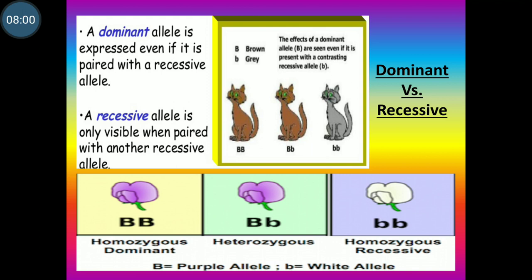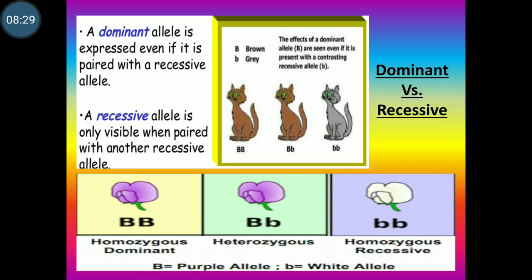Dominant versus recessive. You can see here a dominant allele is expressed even if it is paired with a recessive allele. A recessive allele is only visible when paired with another recessive allele only. So BB, both the alleles are dominant and therefore homozygous dominant. Capital B, small b. Again here one allele, small b, is recessive but it does not express itself.